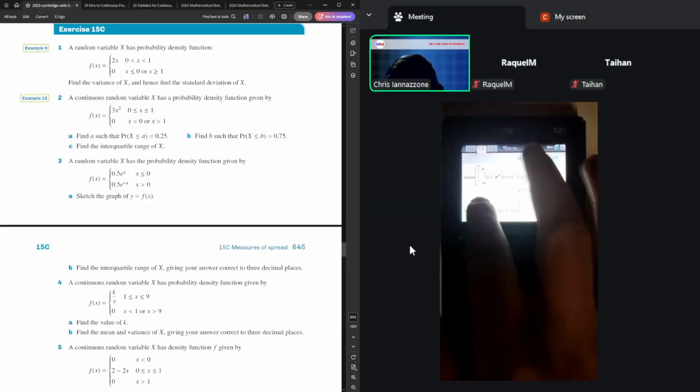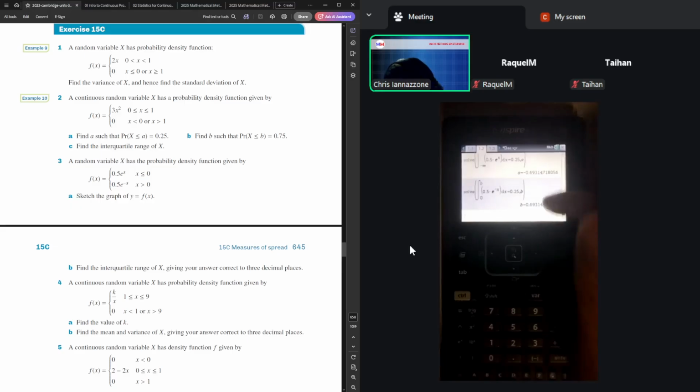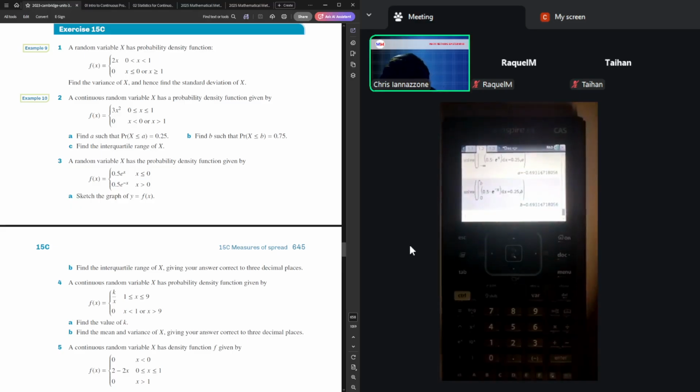It's going to be from 0 to, we'll use b this time just so we've got a difference. And yeah, we can actually see the symmetry of that as well, because it was exactly a 50-50 split, the 25th and 75th percentiles are equidistant from 0.